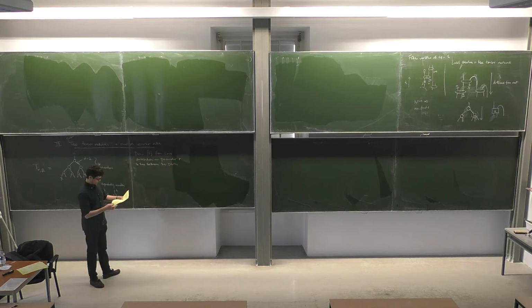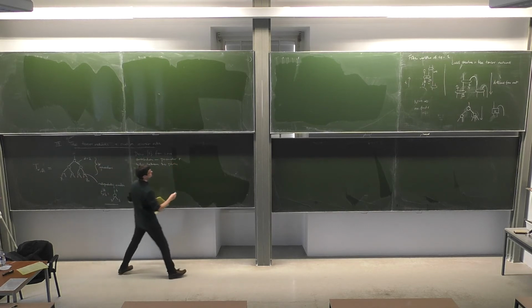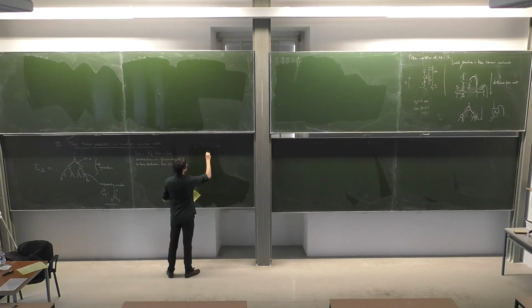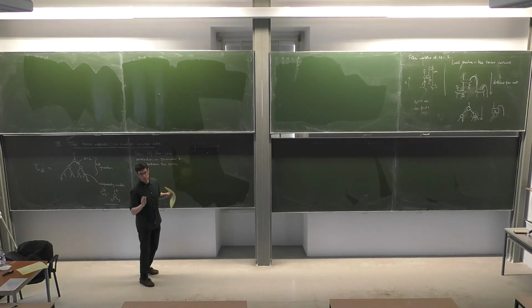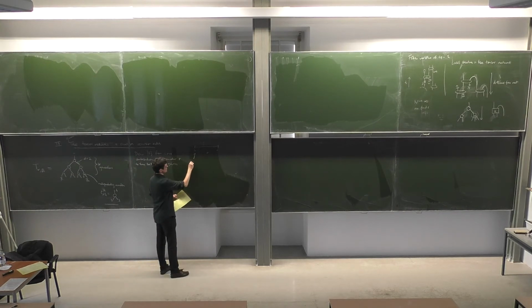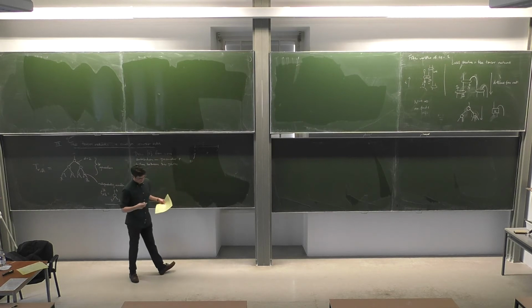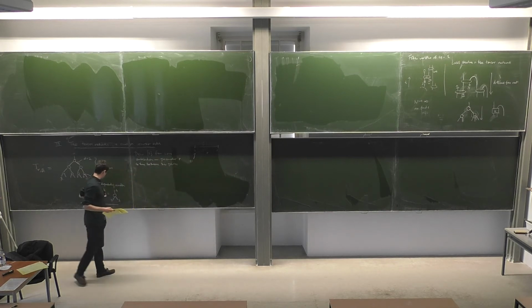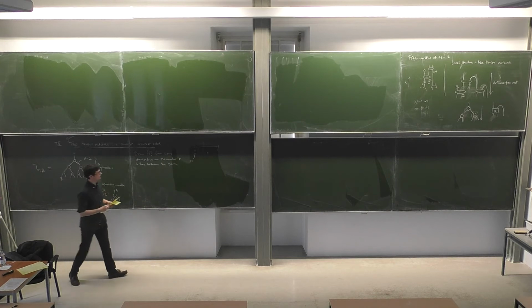So, for example, one example could be that here we have T being just a Gaussian random tensor, so each element is a complex Gaussian random number.